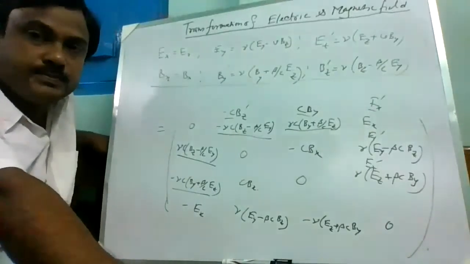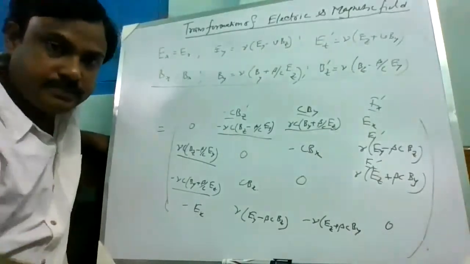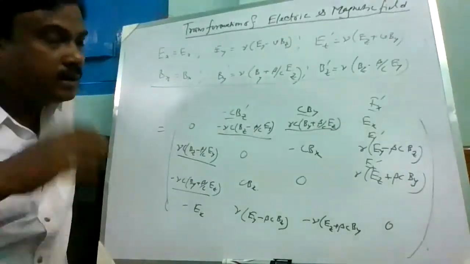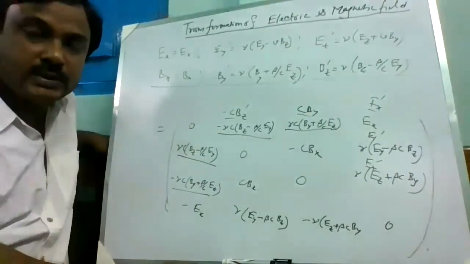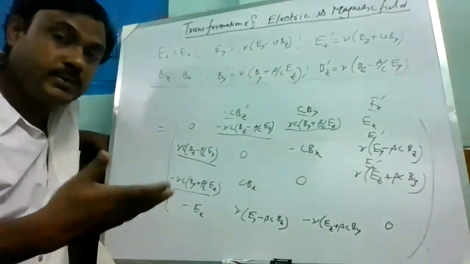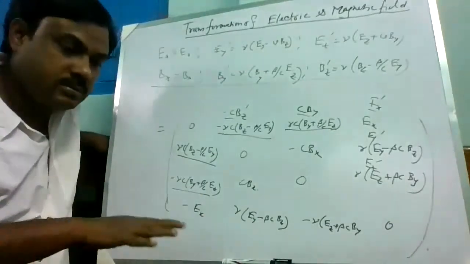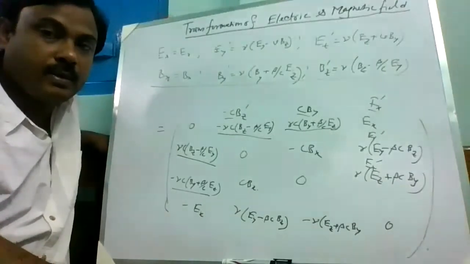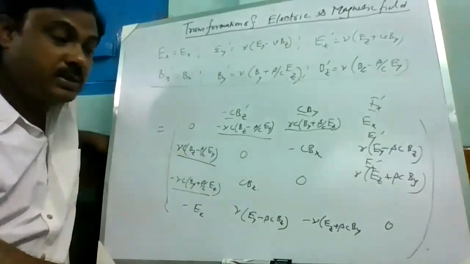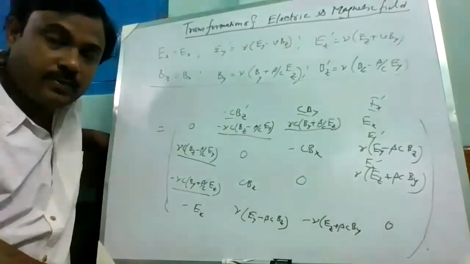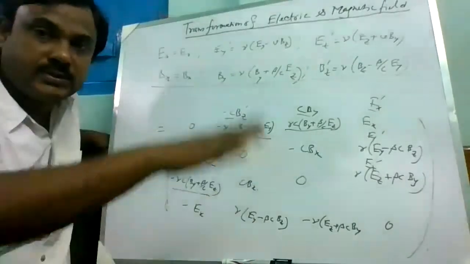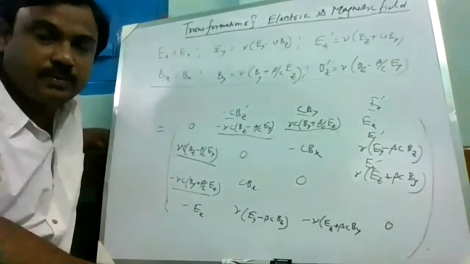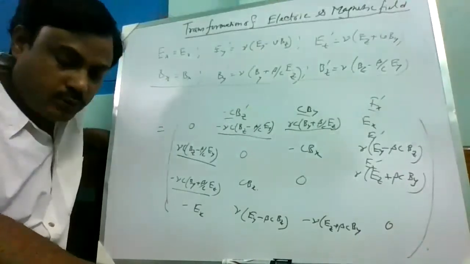In Griffiths, you can see that the transformation relation has been derived using the Lorentz transformation rules, but the treatment is somewhat different. The logic has been used, but all these things were made to fit this transformation rule. These are correct. So these are the transformation rules.